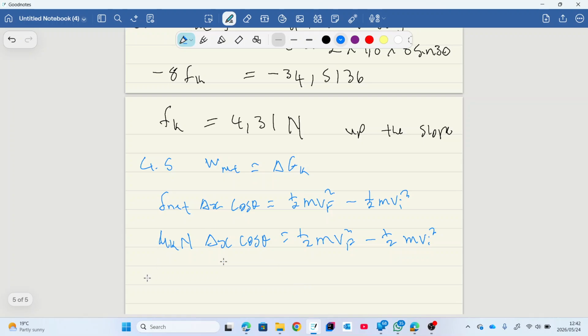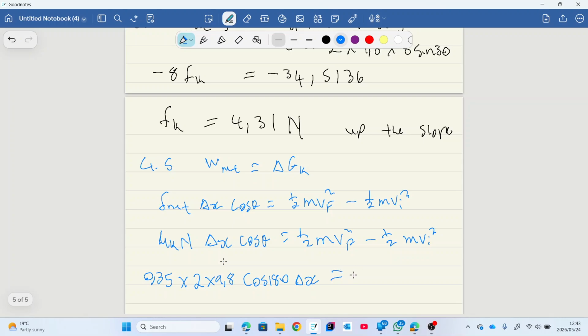Now I'm substituting 0,35, right? Times, what is the normal? Normal, it's mass times 9,8. So mass of the box is 2 times 9,8, right? So delta x, we don't know it, but we know if it's friction, it is the cosine of 180. So I'm gonna put delta x here because we don't know it.